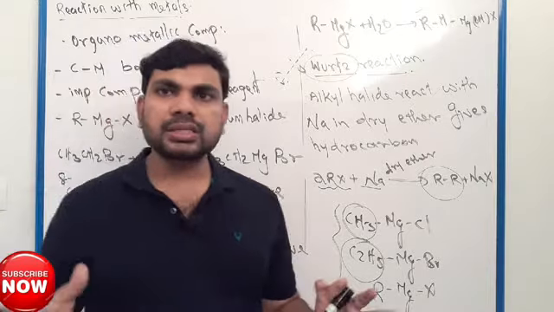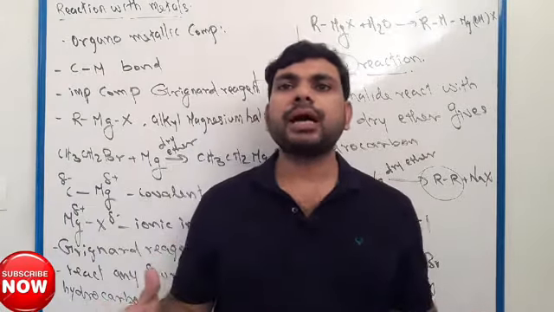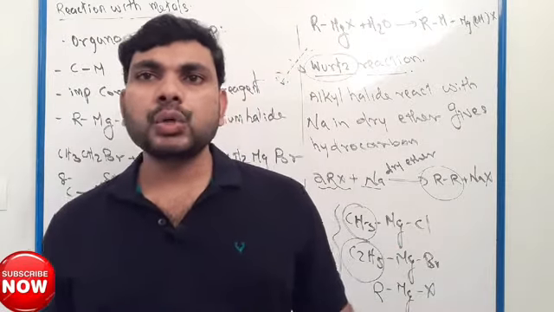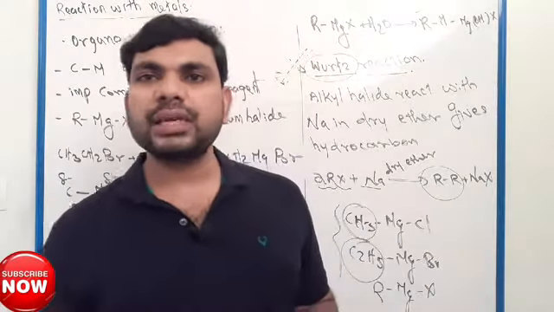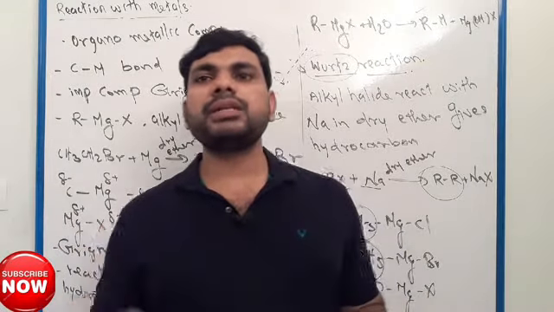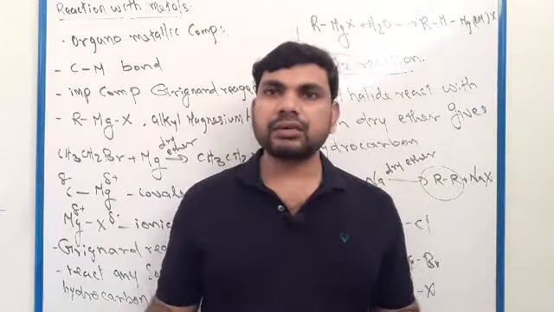So these are the different chemical reactions we have to understand, the chemical reactions of alkyl halide. We discussed nucleophilic substitution reaction, SN1 and SN2 reaction. Then we discussed elimination reaction.